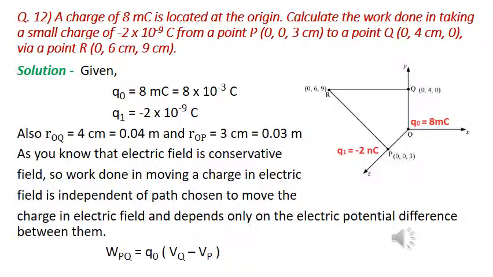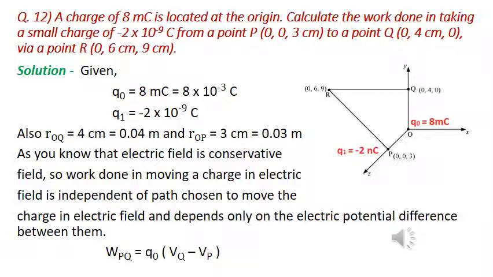Next is question number 12. A charge of 8 millicoulomb is located at the origin. Calculate the work done in taking a small charge of -2 into 10 to the power minus 9 coulomb from a point P (0, 0, 3 centimeter) to a point Q (0, 4 centimeter, 0) via a point R (0, 6, 9).